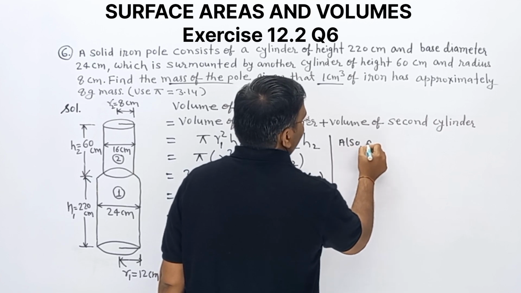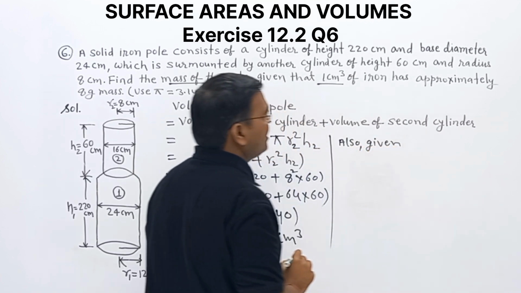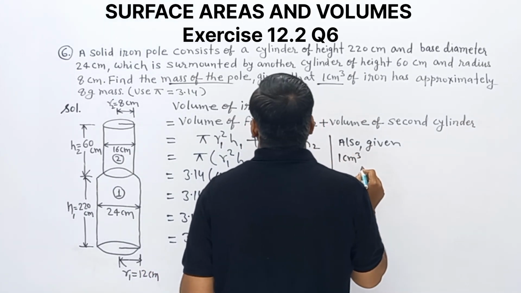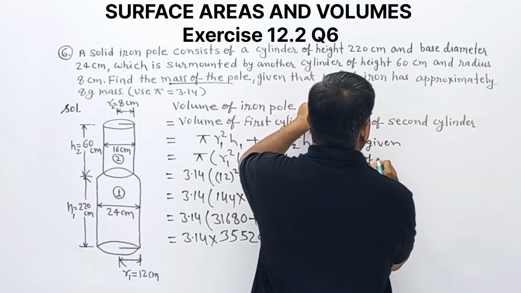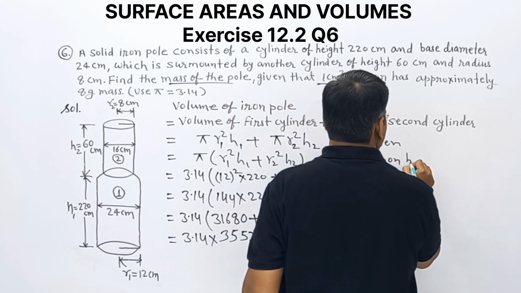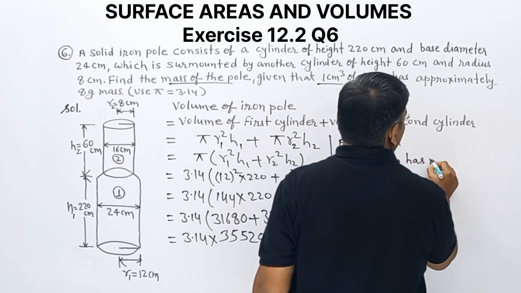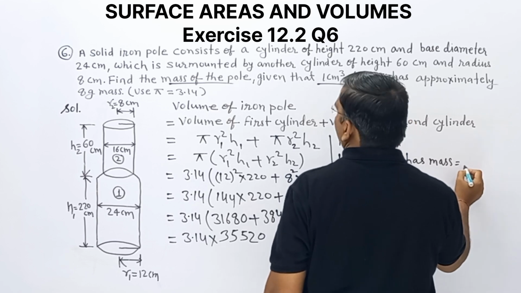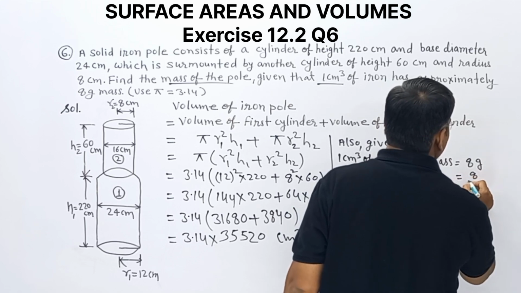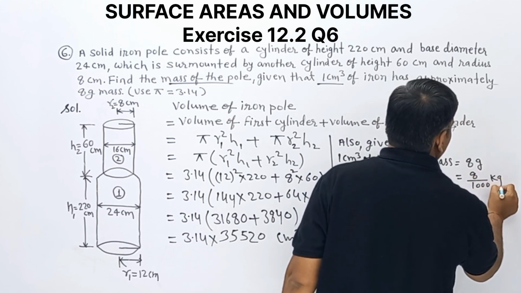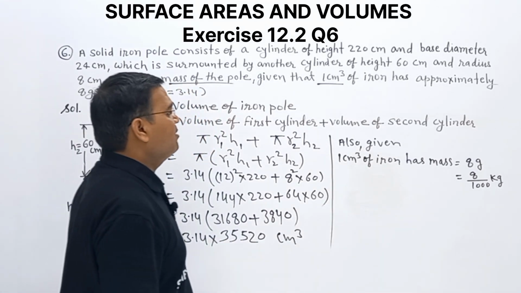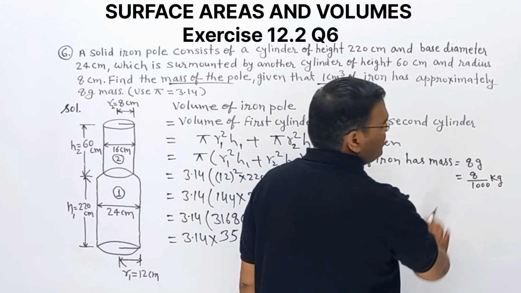Also given, we have 1 centimeter cube of iron, 1 centimeter cube of iron has mass equal to 8 gram. 8 gram can be written as 8 upon 1000 kg. 1 centimeter cube of iron pole has mass 8 gram, and gram into kg we will divide by 1000.